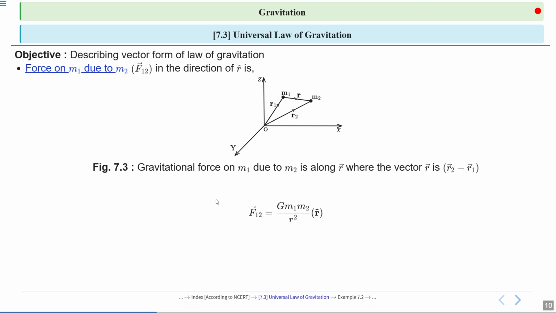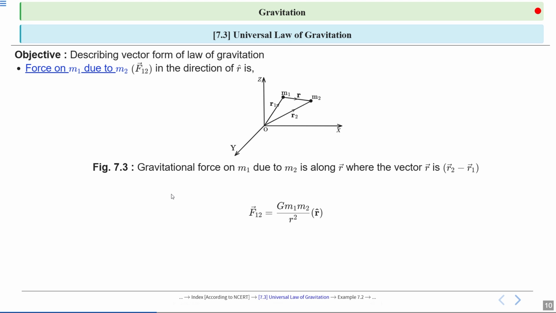The equation for the force is F12 equal to G m1 m2 divided by r square, times r cap. Here G is the gravitational constant, m1 and m2 are the masses, and r is the distance between the masses m1 and m2, center to center.